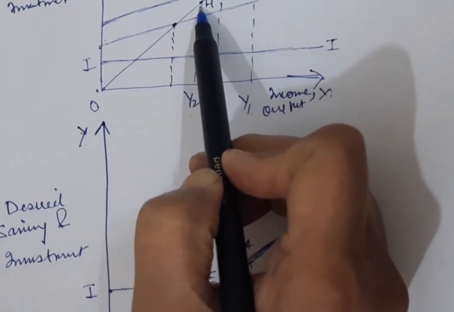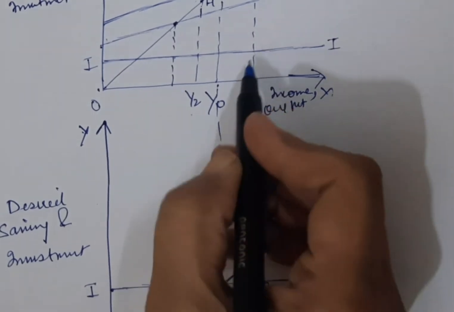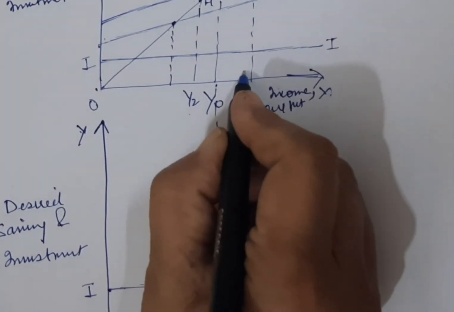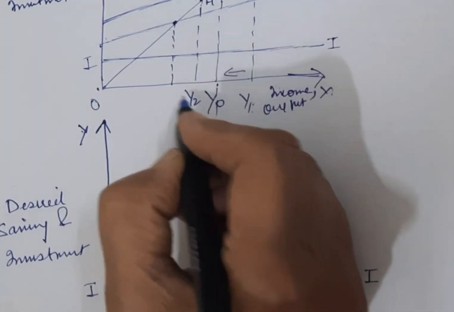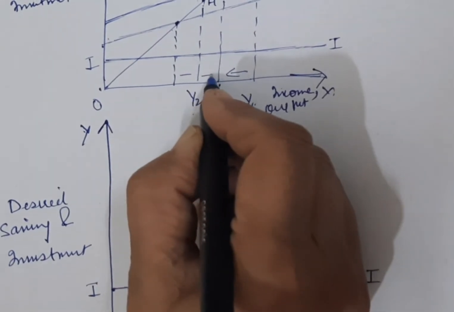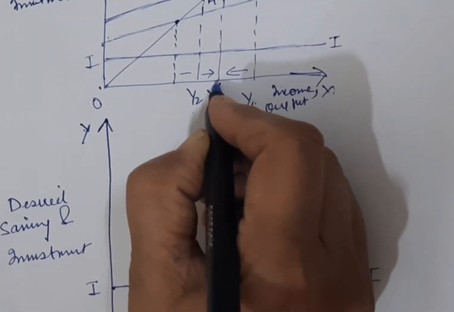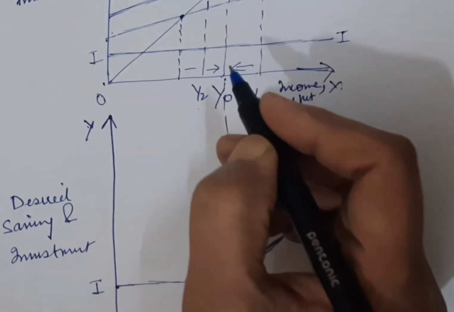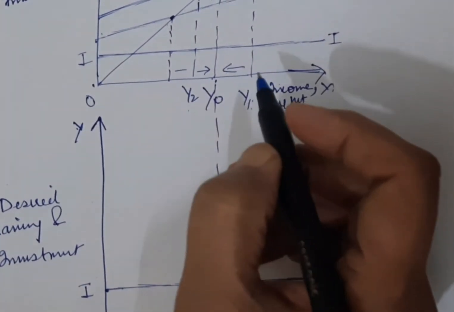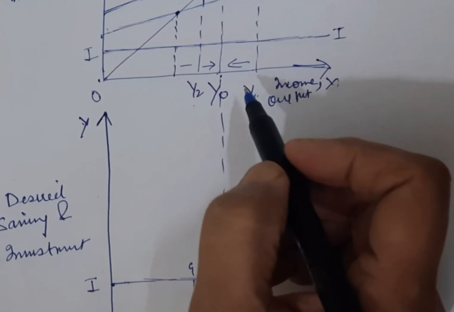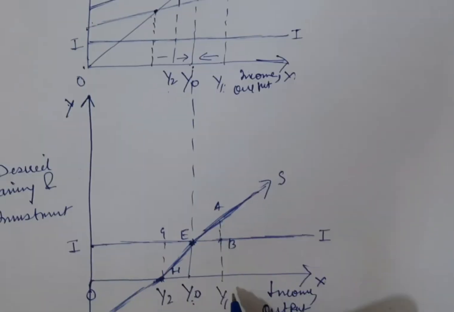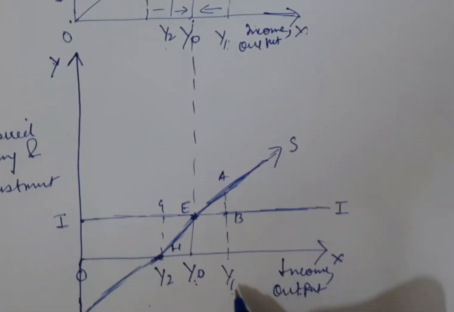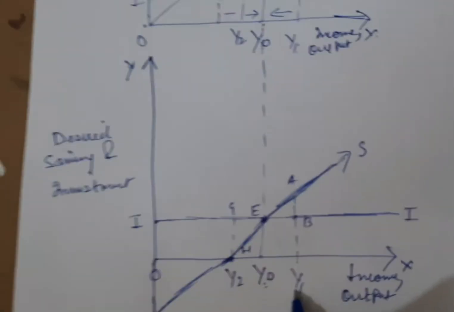Therefore, producers would either contract if they are at the Y1 level, or expand if they are at the Y2 level. So at all other levels, they will either expand or contract their output, as the case may be. Now let us consider why the OY1 level of output is not a level of equilibrium.